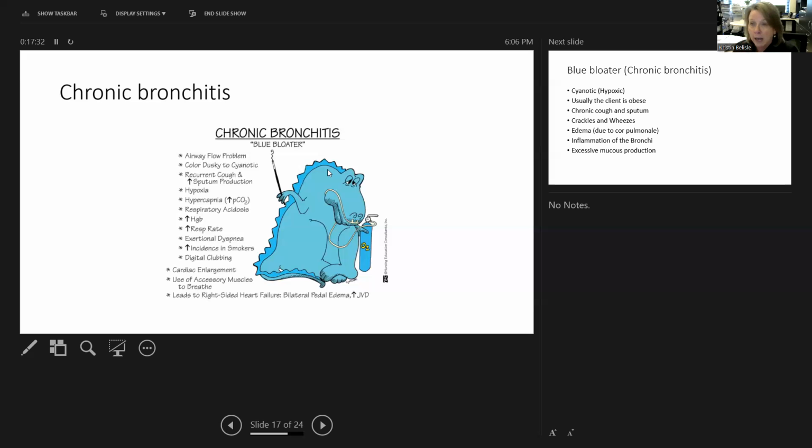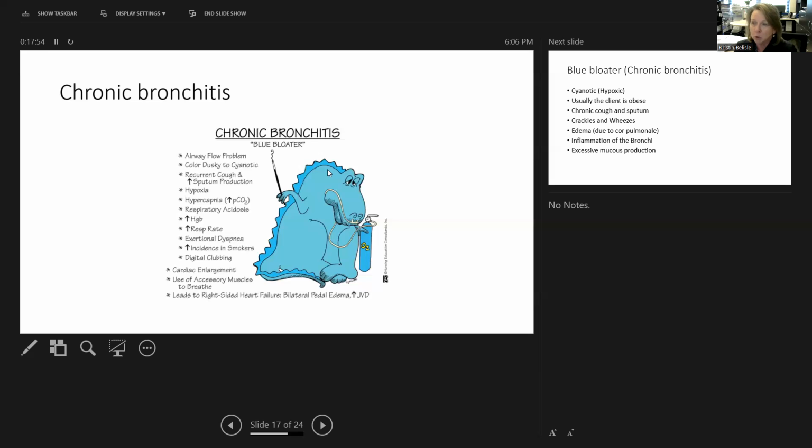So what happens is it starts to fail, and then we have fluids that back up into the lungs, and we go into fluid overload. Blue bloater chronic bronchitis patients are fluid overload patients. So we can see that, and that's what causes this increase in JVD, and we'll have edema.